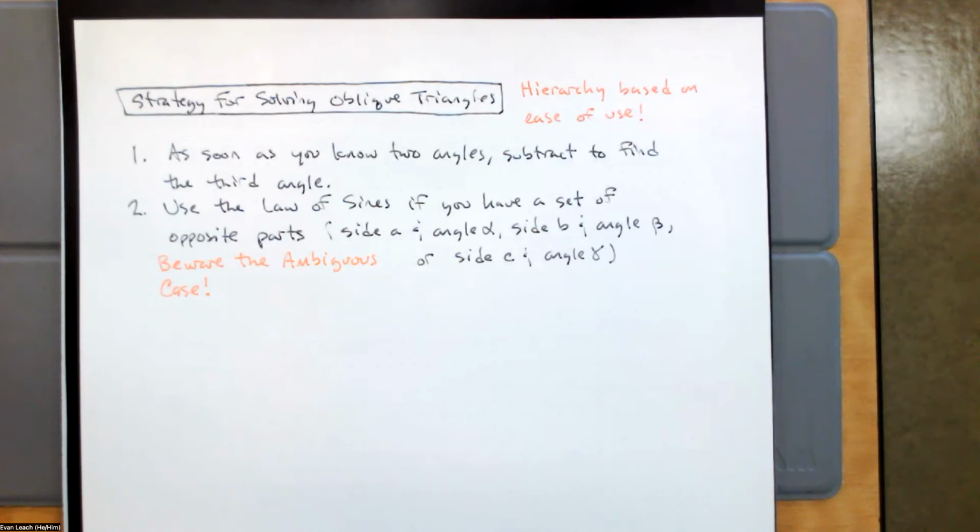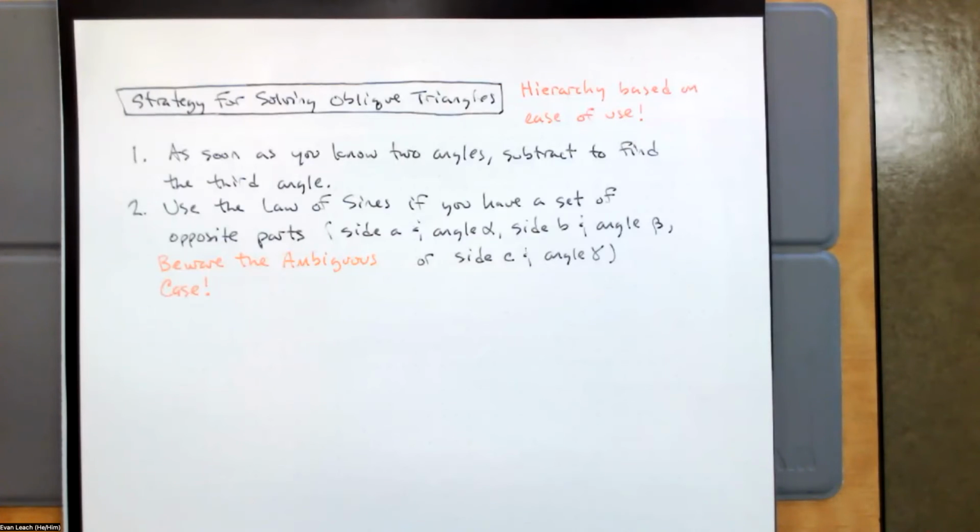We got to beware the ambiguous case. We want to use the law of sines, but there is one situation where we have to be careful. The ambiguous case happens when we're using the law of sines first. We're looking for our fourth piece of information, our first new piece of information given 3.